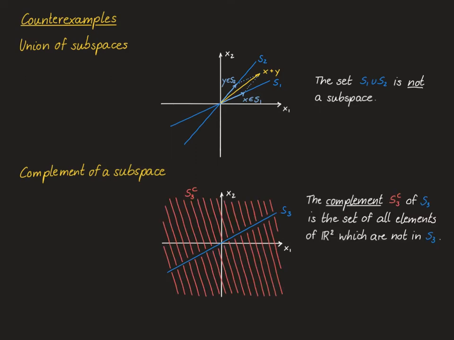The complement of S3 is defined as the set of all vectors in R2 which are not in S3. And again, S3 complement is clearly not a subspace of R2 because, for instance, we can find two vectors x and y in S3 complement whose vector addition is not an element of S3 complement anymore because it's an element of S3.